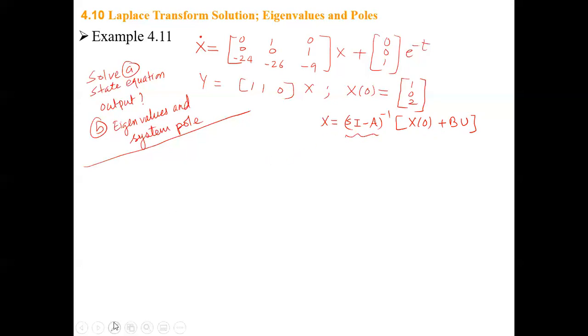Okay, let's figure out this guy first. Let me change the color. So what is your sI first? Guys, do you think you can do it? Because we did a similar problem before.